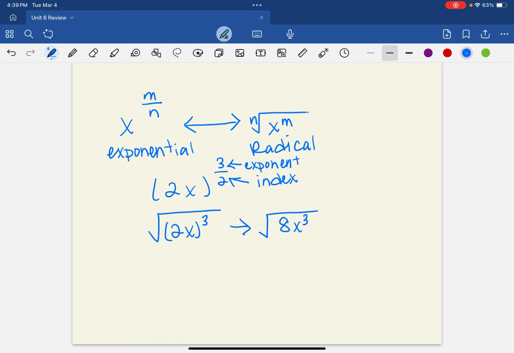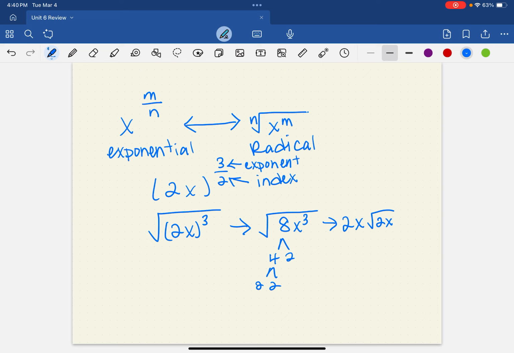I would accept that. You could simplify further, but for the test, I'm just asking you to rewrite. If you did want to simplify further, remember 8 is 4 and 2. So I'm taking out a pair of 2's. And then x cubed, I could take out a pair of x's. So then I would be left with 2x.